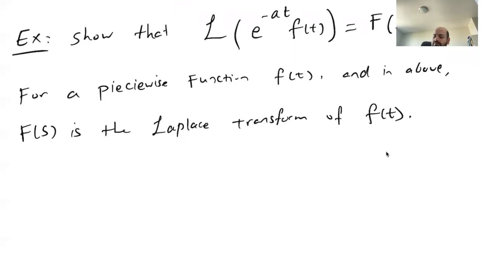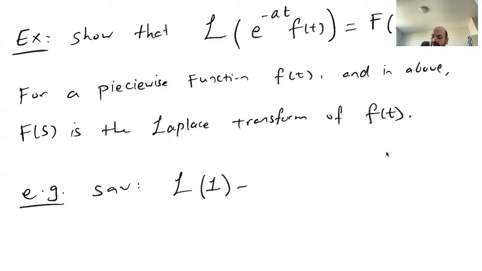So, for example, we saw the Laplace transform of 1 is 1 over s. This is what we saw in the first example.